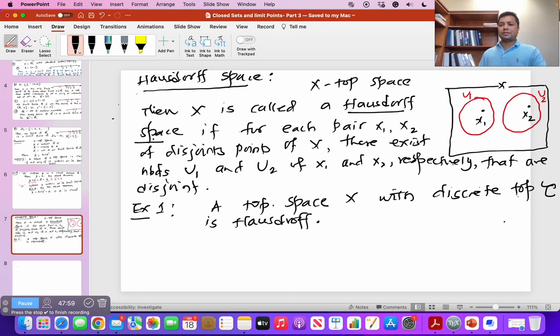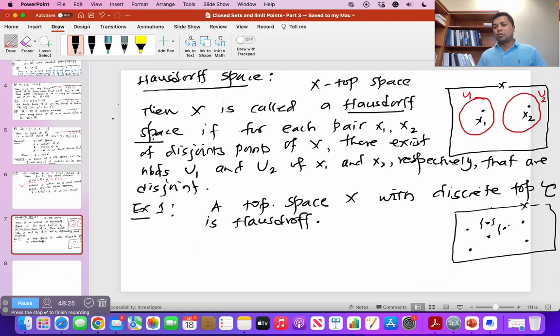For example, let's say X is a topological space whose elements are like this, and if you take the discrete topology tau, then it's the power set of this set, and in the power set obviously you have those singletons.